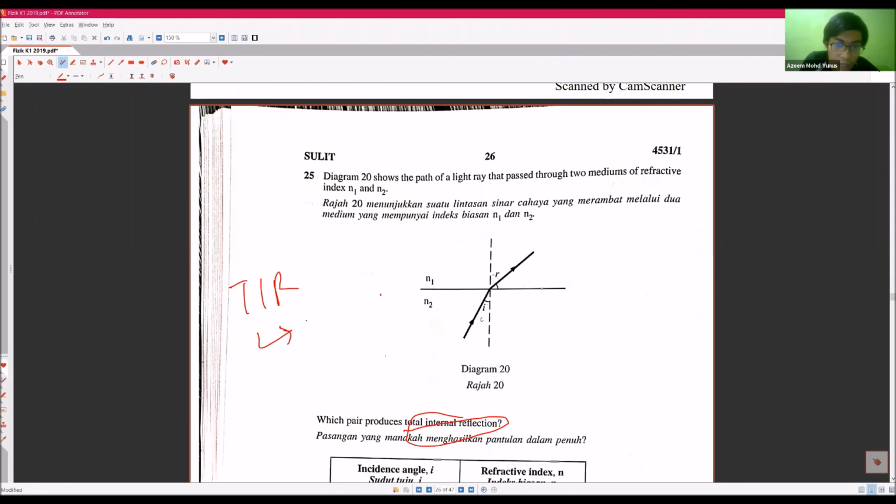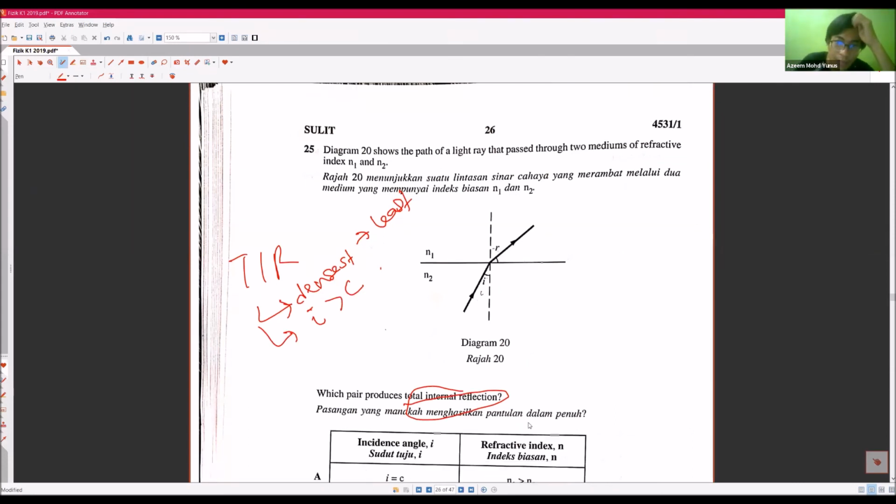The first one is from the densest to the least dense. That is the first condition. And then i greater than c. The incidence angle must be greater than the critical angle.